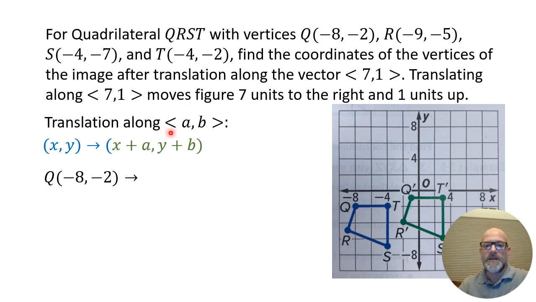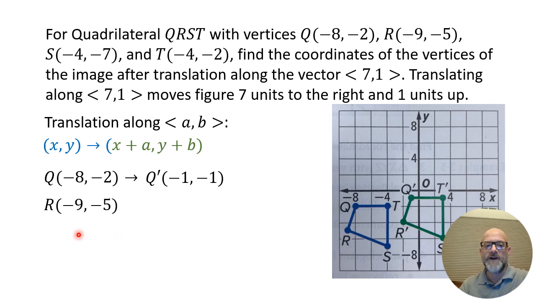All you have to do is add the x component of the translation vector to this guy, so you get x plus a, and the b component of the translation vector to this guy, you get y plus b. So negative 8 plus 7 and negative 2 plus 1. Negative 8 plus 7 is negative 1. Negative 2 plus 1 is negative 1.